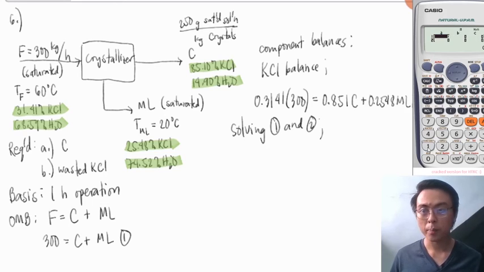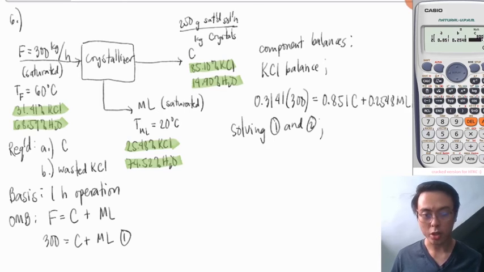First equation, we will be letting C as X and ML as Y. So this is 1, 1, 300. And then next is 0.851, 0.2548.